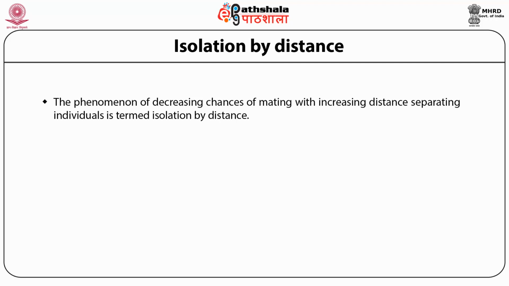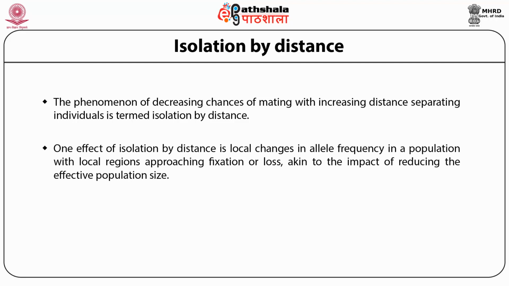The phenomenon of decreasing chance of mating with increasing distance separating individuals is termed isolation by distance. One effect of isolation by distance is local change in allele frequency in a population, with local regions approaching fixation or loss, akin to the impact of a reduction in the effective population size.